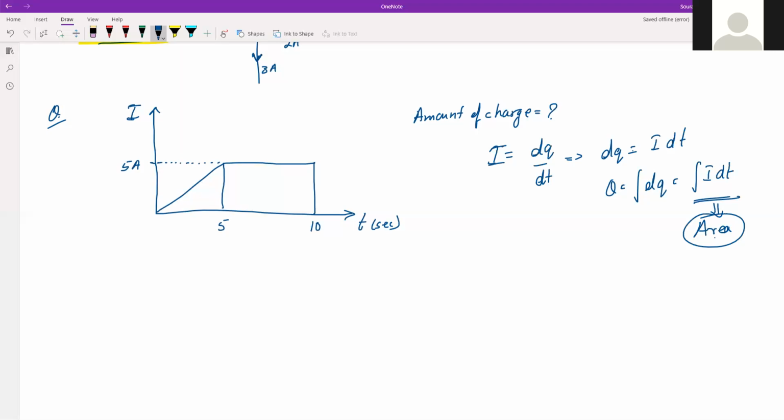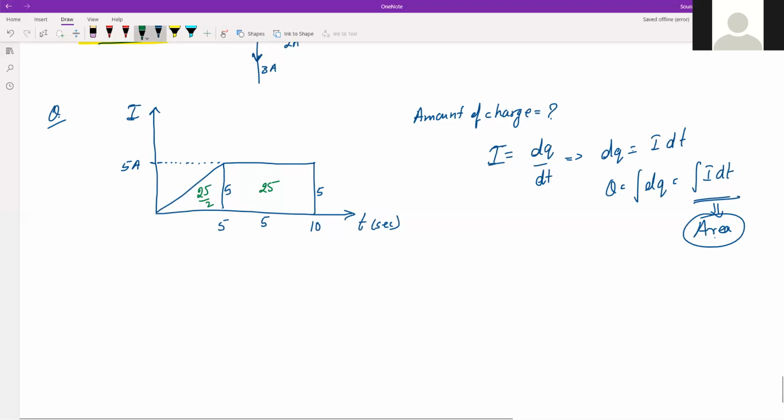What all we have? This is 5, this is also 5, this is also 5, this is also 5. So we have one rectangle and one triangle, so this area will be 5 into 5 divided by 2, that is 25 by 2, and this will be 5 into 5, that is 25.